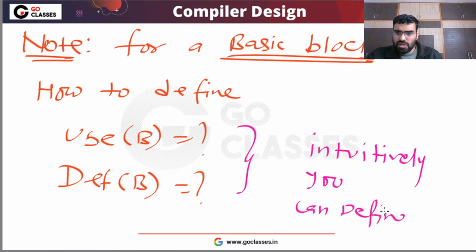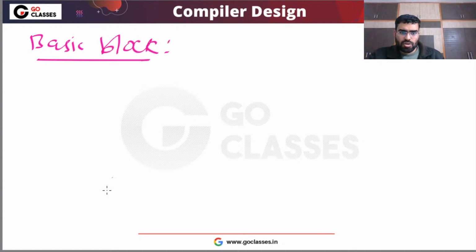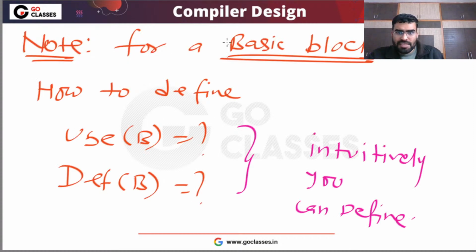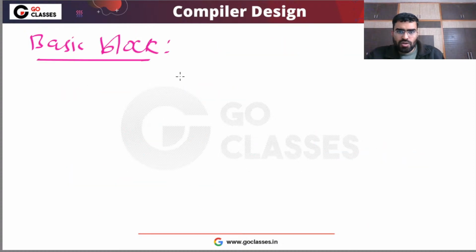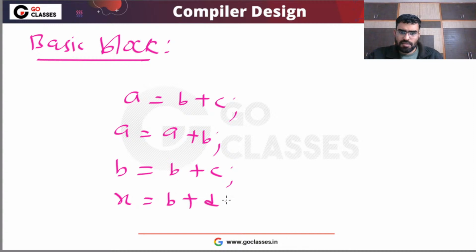Let me give you an example and you can tell me. Consider this basic block. For the statements we already know, but for basic blocks how do we define these things? So a = a + b, and let us assume b = b + c, x = b + d.